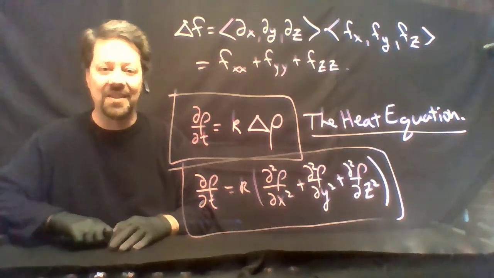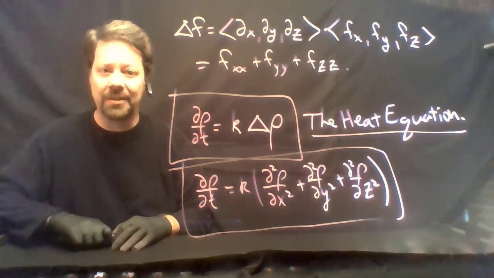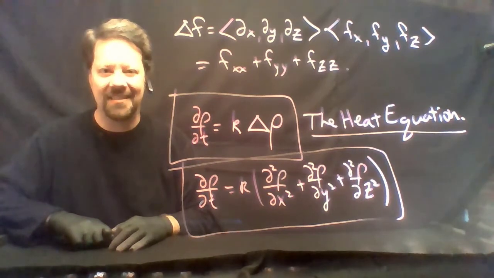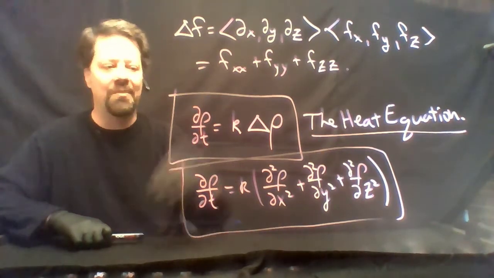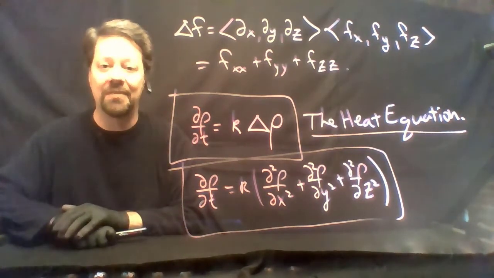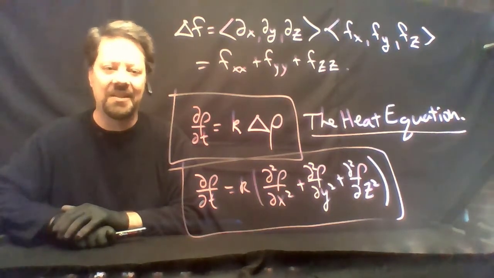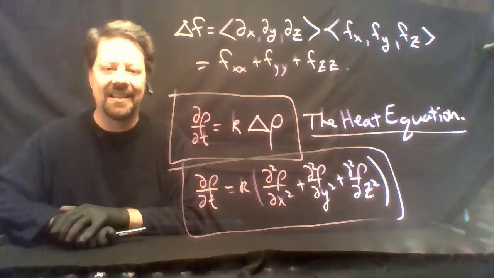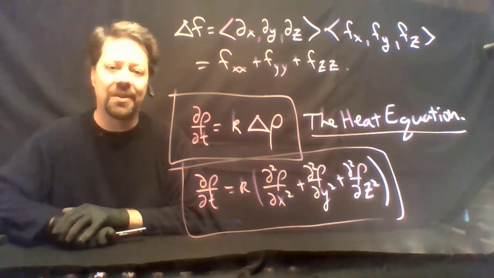One of the things that you will study in a course on partial differential equations is how to solve the heat equation. But at least now you know the basis for the construction of this equation, where it came from: the diffusive hypothesis that the momentum density is negatively proportional to the gradient of the density.